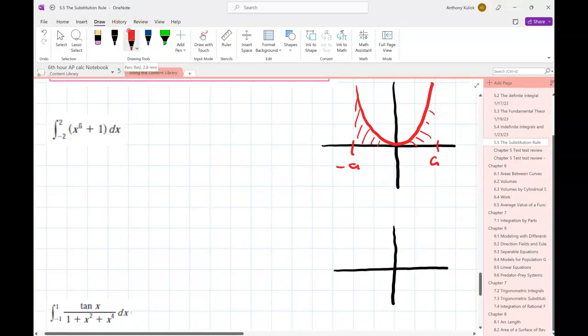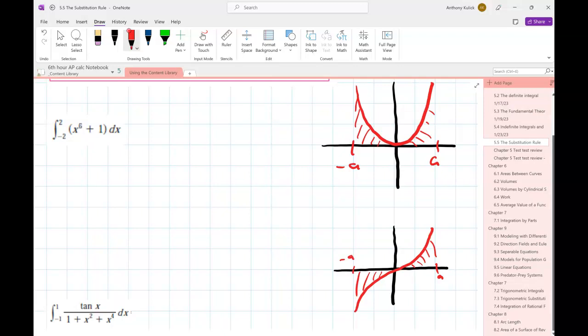Do a better job of drawing that. So if this is, again, negative a and a, this area down here is negative, but it's the exact same quantity of area over here. So when you add them together, you get 0. Is everybody okay with that?